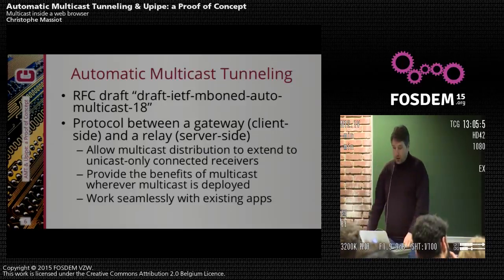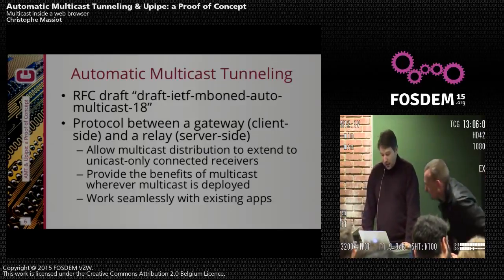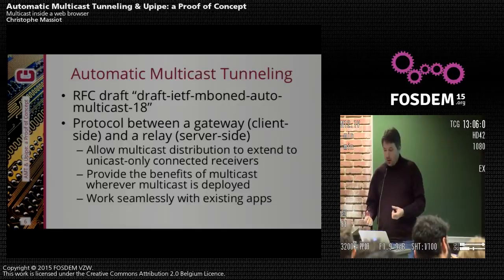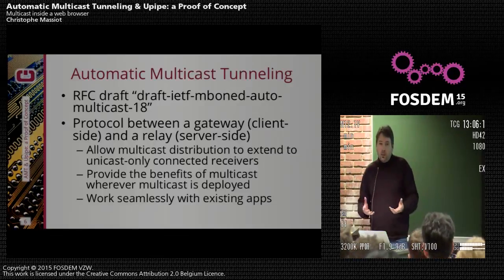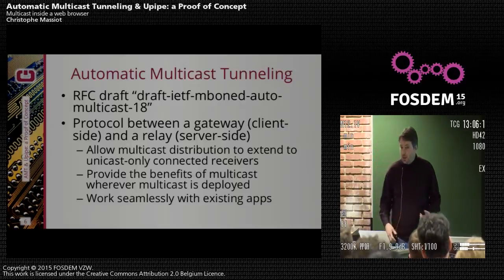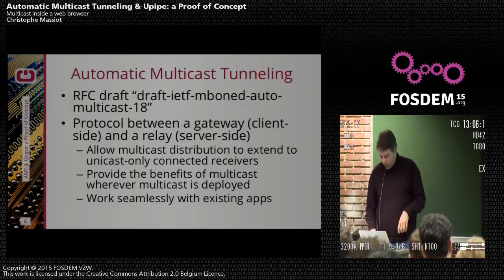This protocol allows multicast distribution to extend even to unicast-only connected receivers. And if you are already on the multicast network, you don't need AMT, so you have the benefits of multicast. And for the applications, you don't have to change a thing. It works seamlessly as well.